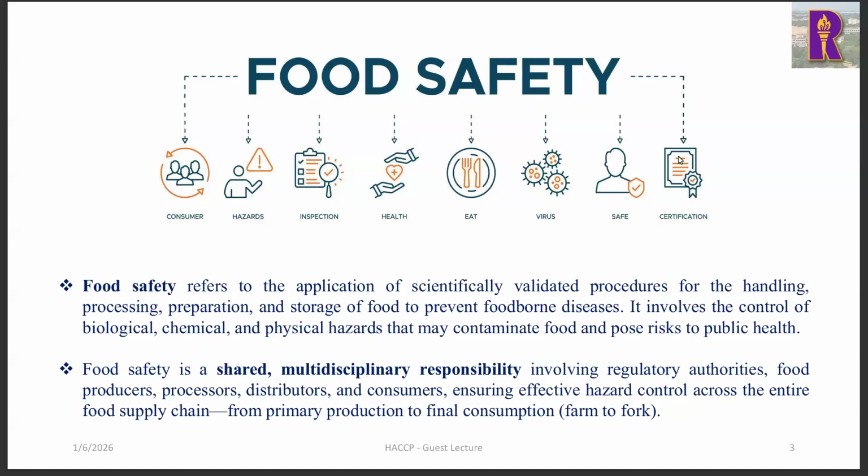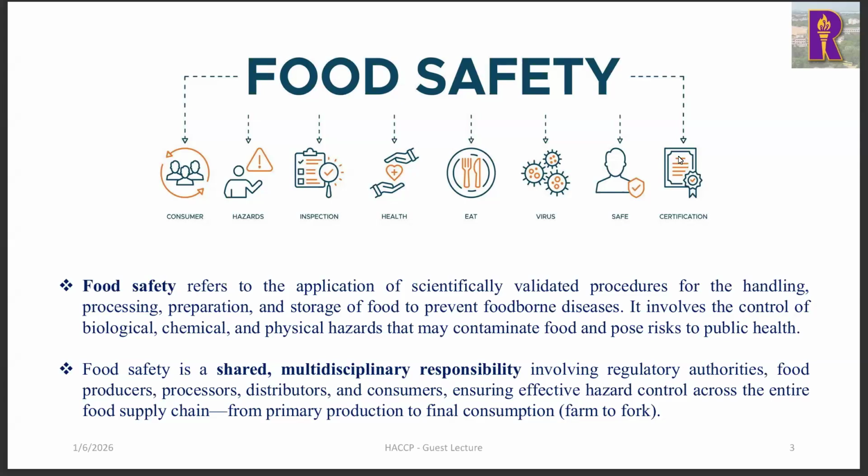So food safety is a technical term to prevent any foodborne diseases or any hazards in the form of biological, chemical, or physical, which may contaminate any food, whether it starts from raw materials or during processing or during packaging or storage or any level of the supply chain management system.